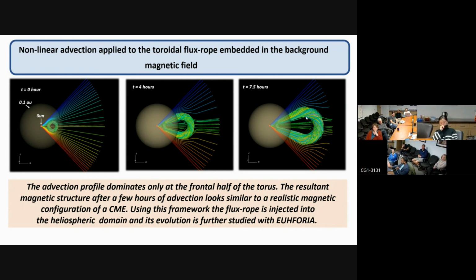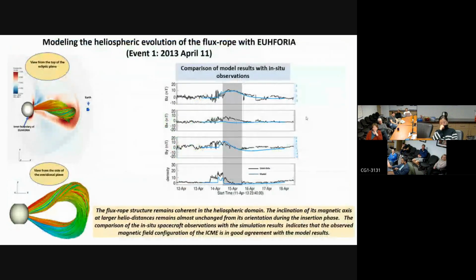We have tested this for the same event that I showed with the spheromak. Here we observe only one unidirectional field from the observational output, which matches well with the observations. This is because the structure is not detached from the sun; there are two legs always attached to the inner boundary of the heliosphere.